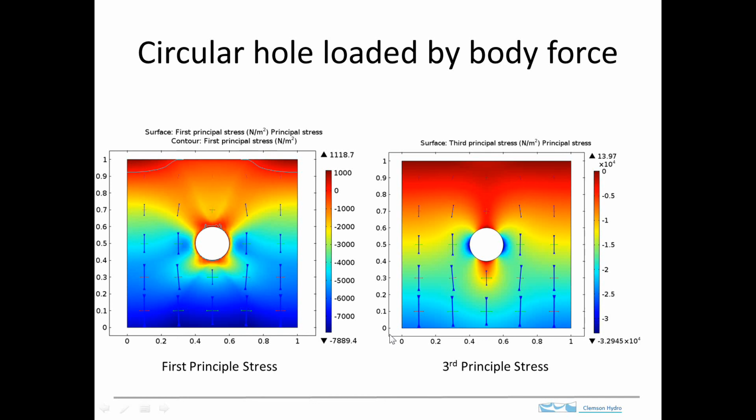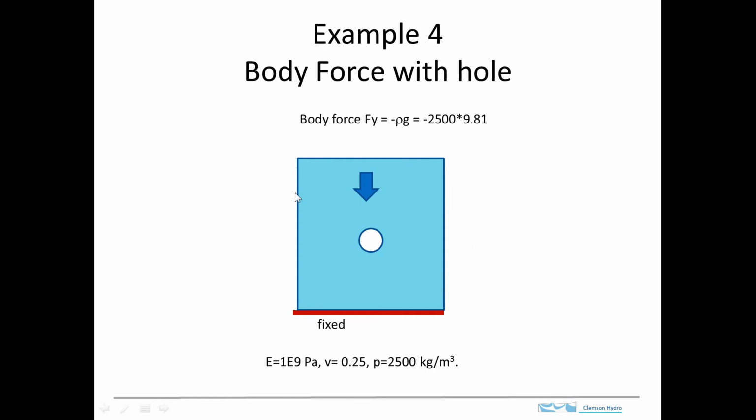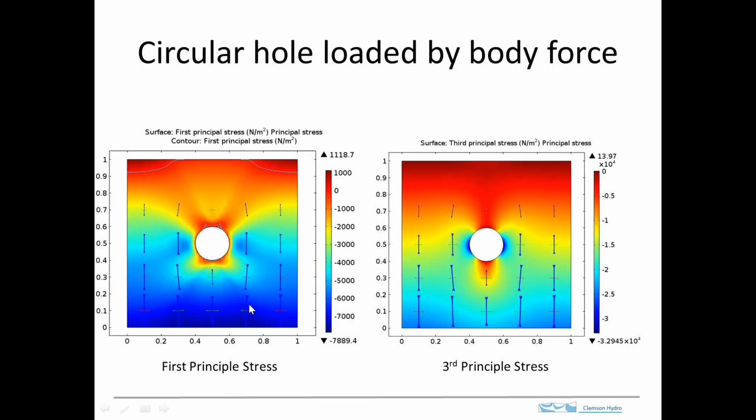Here are the results, and looking at this, I'm pretty sure that the case I'm showing on the next page has roller boundaries rather than open as I'm showing here. Okay, so we apply the body force, and here's the first principal stress. Up here at the surface, this red color, I've included a contour right here of zero stress.